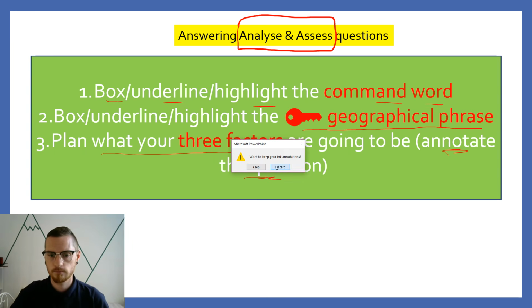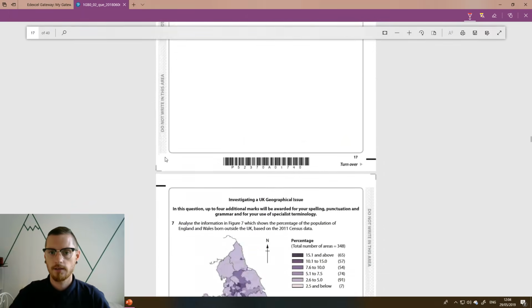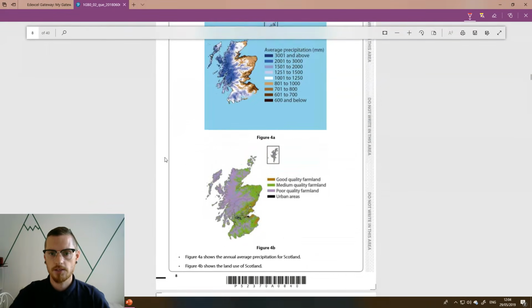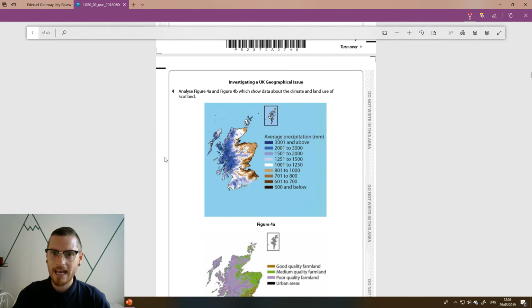If we go to the exam and have a look at one of these, let's go up to this question here. So the end of section A and the end of section B will have an analyze and assess question.